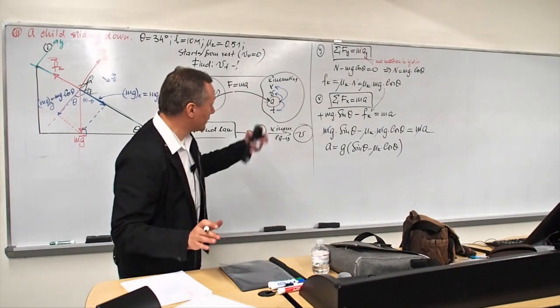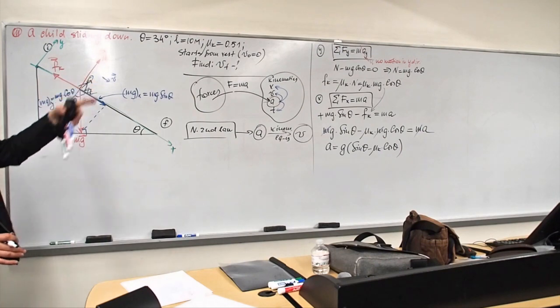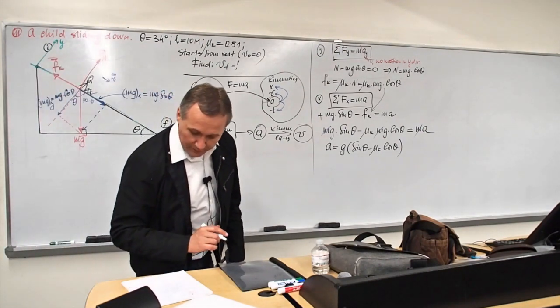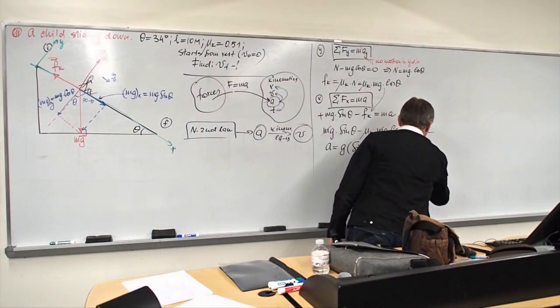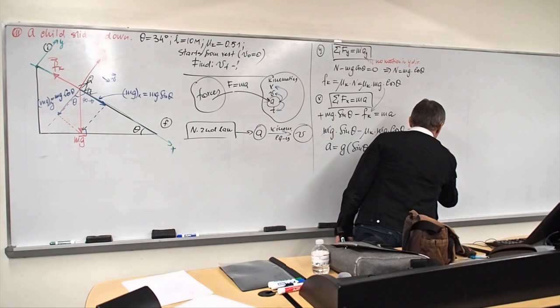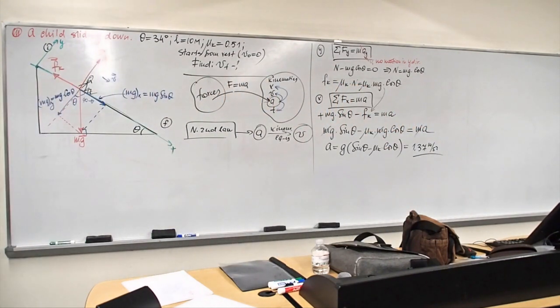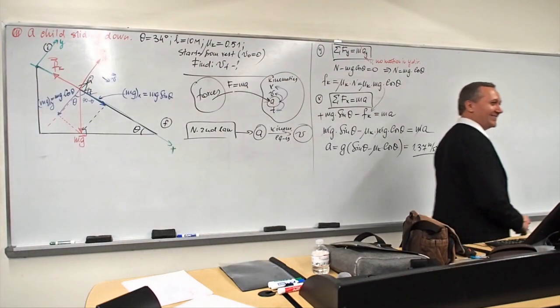So everything is given: angle, coefficient, g. If you plug in numbers, you will get 1.37 meters per square second. It's not the acceleration for screaming like in a roller coaster. It's kind of a boring acceleration of 1.3.